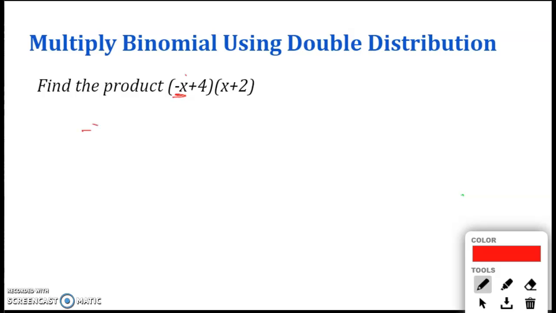That's going to be negative x. And negative x is going to be multiplied to the second binomial, x plus 2. And to that, you're adding the product of the second term, which is plus 4, multiplied to the second binomial.